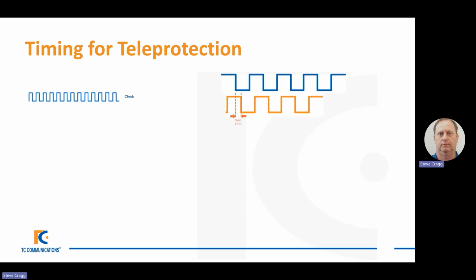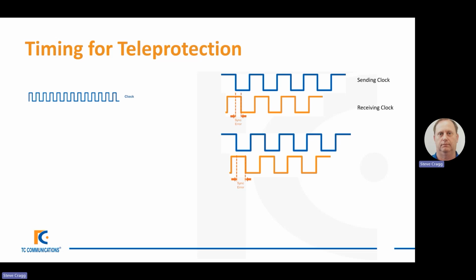If we take the transmitted clock and the recovered clock, we can see that the original clock that was transmitted is in blue, and then there is a bit of a delay. Now there's a sync error, which in this case I'm showing as fairly small, but it's definitely there, and it's due to the transmission across the network.